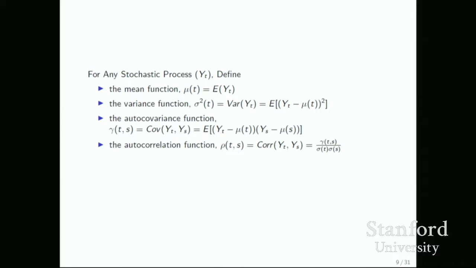And the autocovariance plays an important role because autocovariance tells you the dependence of successive time observations. So you can use that information to predict into the future. That's where the autocovariance comes into play.